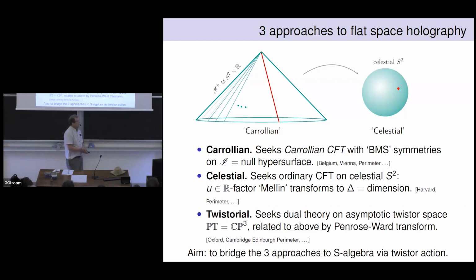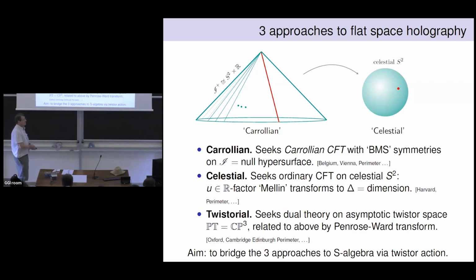In the Carrollian case, we're looking for theories on null infinity that have BMS symmetries, in order that you find something that's holographically dual to physics in the interior space-time. In the celestial case, we're being less religious about the light cone of infinity, and we're just interested in the celestial sphere. That celestial sphere could be at space-like infinity or related to both null past and future null infinity.